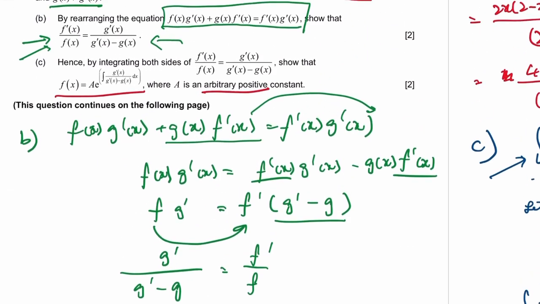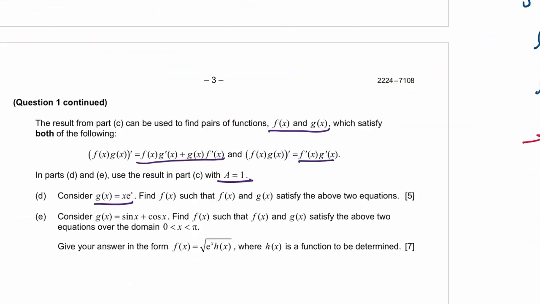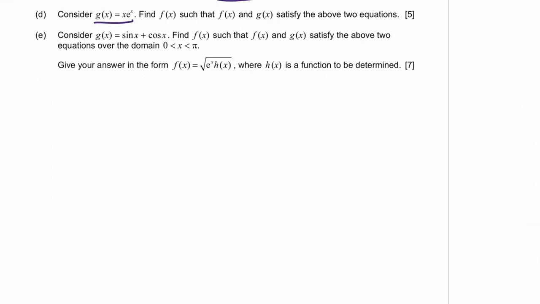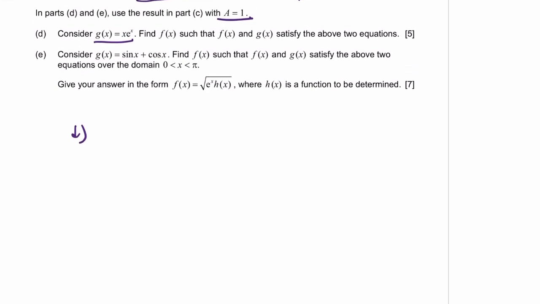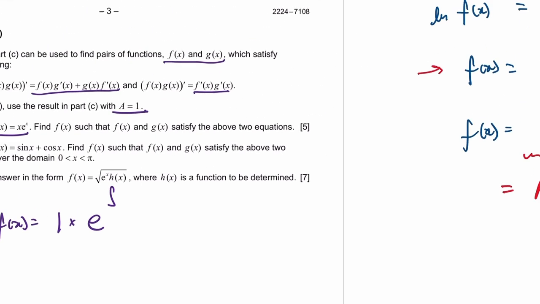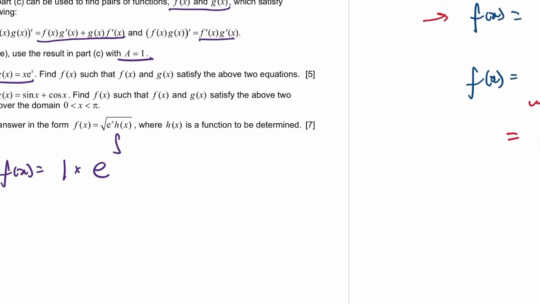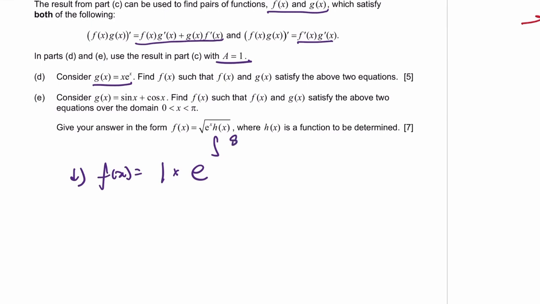So according to the formula, f(x) is a, which is 1 now, times e to the power of the integral of what? g prime over g prime minus g. 1 times anything is just the thing.